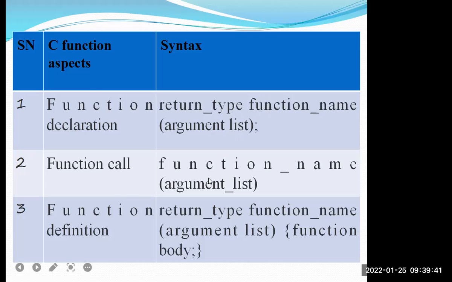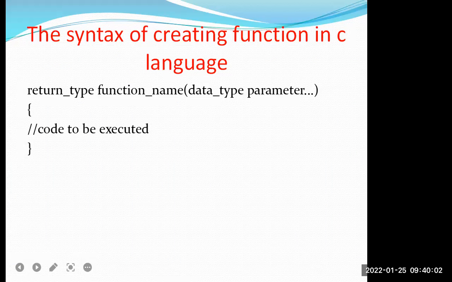Then the function call is simply the function name followed by the argument list and a semicolon. Last is the function definition. It starts with the return type, then the function name, argument list, open braces, function body, and close braces. Already I have discussed a simple program for that.